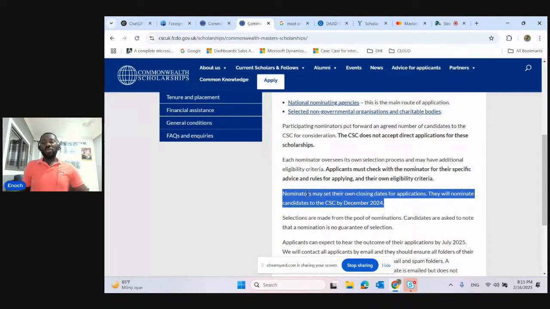So once you get exposed to them or have knowledge about them, you can read more, even if it is not time to apply, and prepare yourself accordingly. Gain the relevant experiences, get all the documents, get your essays and everything in place, get it checked, so that prior to the opening, you are already prepared to file your application.